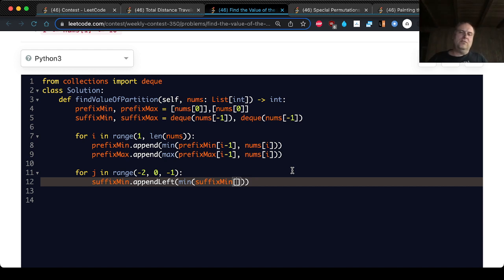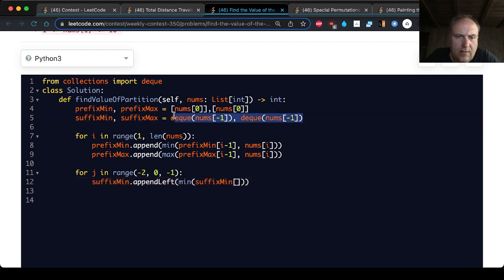I don't have a clear solution, so let me think about this. Oh, let's do this. Nums copy. Nums copy, and then it's gonna be nums copy.